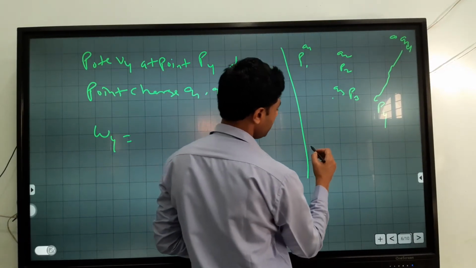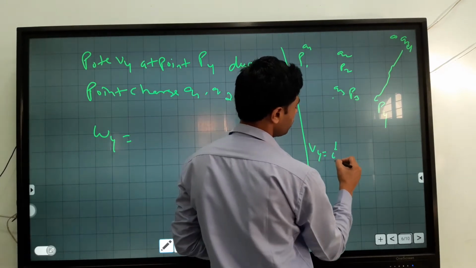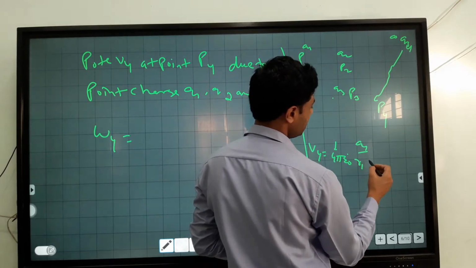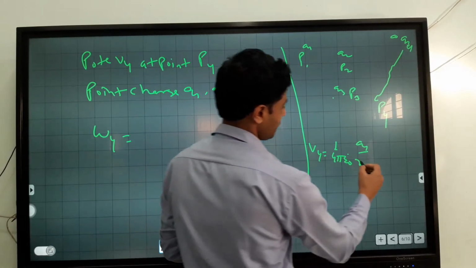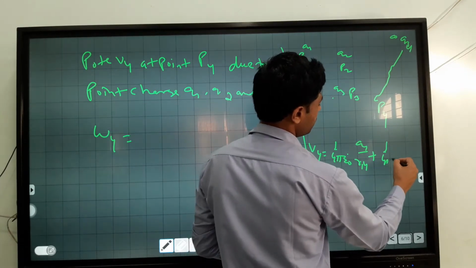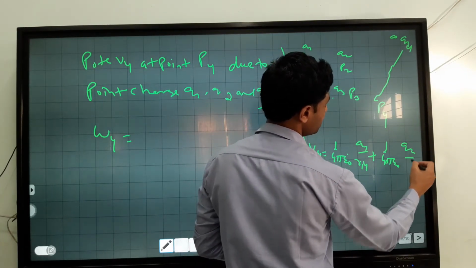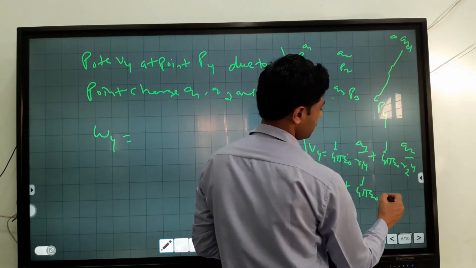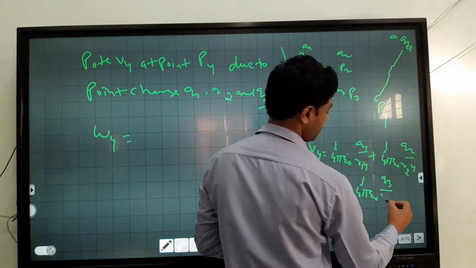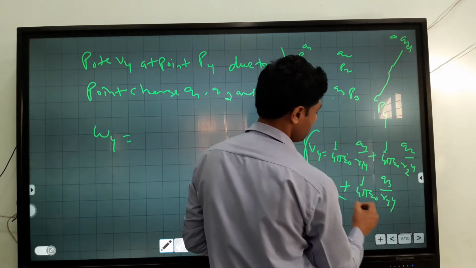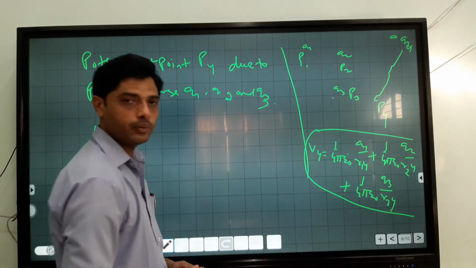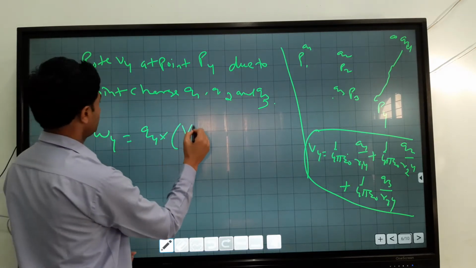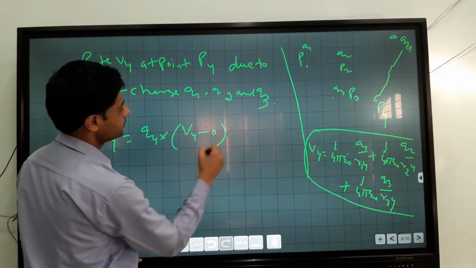The value of potential V4 equals 1/4 pi epsilon naught Q1 upon R14, plus 1/4 pi epsilon naught Q2 upon R24, plus 1/4 pi epsilon naught Q3 upon R34. This is the value of potential at point P4. So W4 equals Q4 into V4 minus 0.